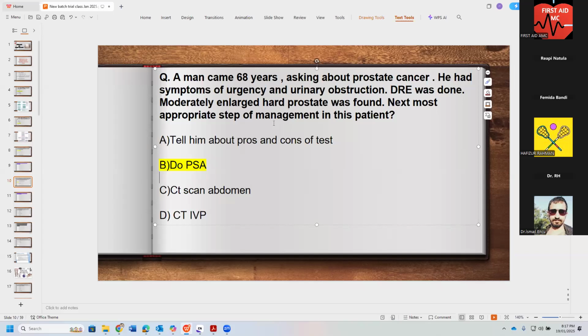You have done examination, there's a huge prostate and it's quite hard and you're worried about cancer, but none of the imaging is given in the question, like ultrasound or urine analysis. You would do a PSA and then refer the patient to the urologist for staging of the disease plus biopsy before that. If ultrasound was among these options, choose ultrasound first, please.